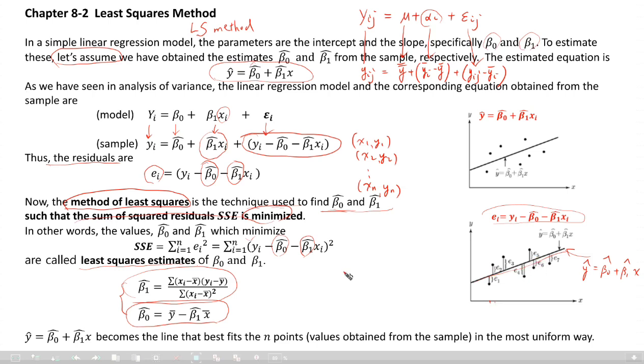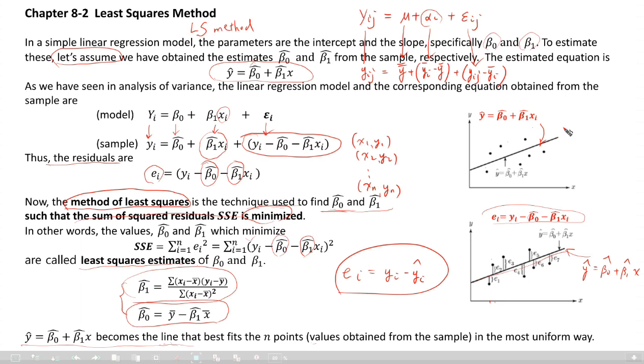So what is the residual? The residual is yi minus yi hat, right? This one is yi hat. So there are n residual values here, like this. The values beta 1 hat and beta 0 hat minimize the residual sum of squares. So this is the line that best fits the n points, the values obtained from the sample, like this, like this. This line is the best fit.